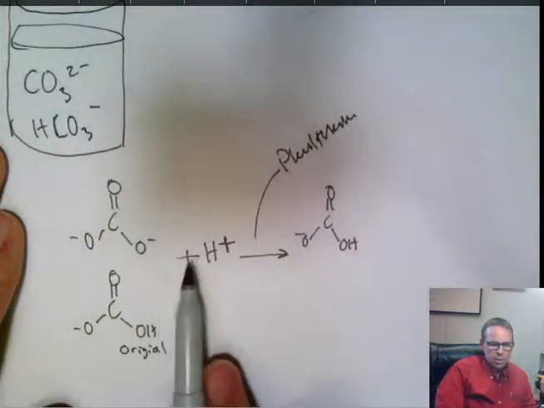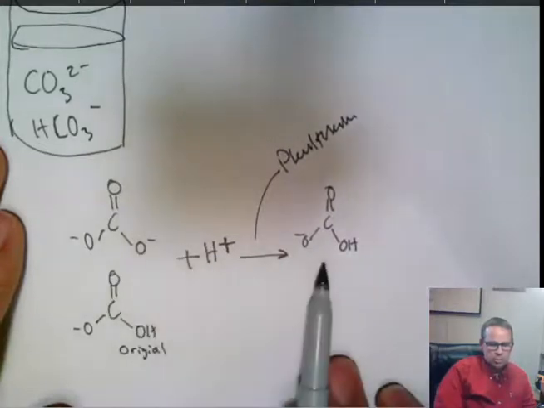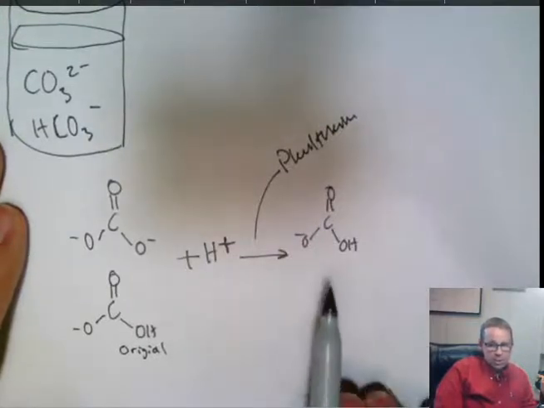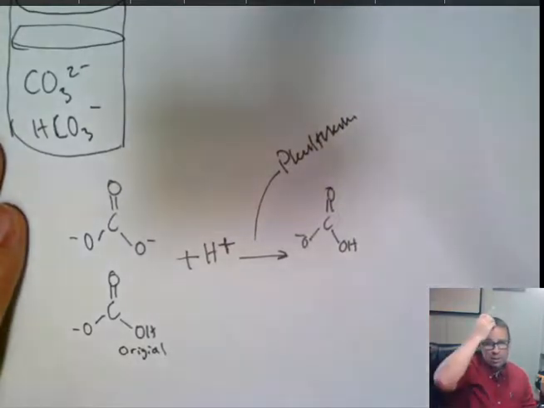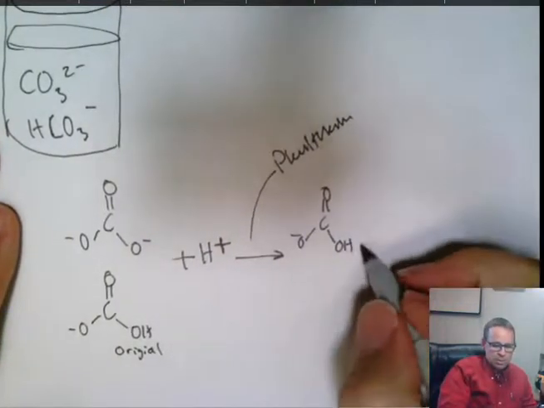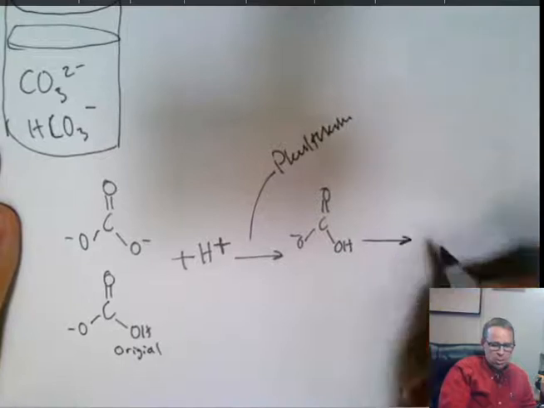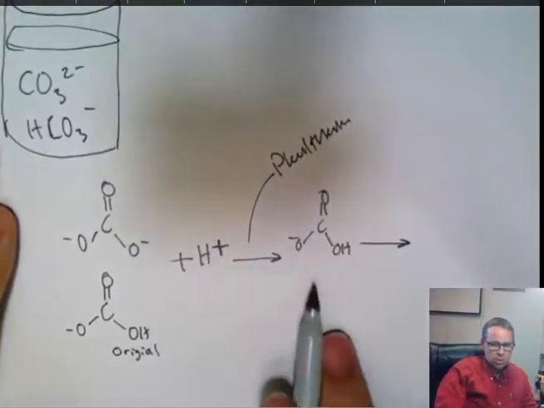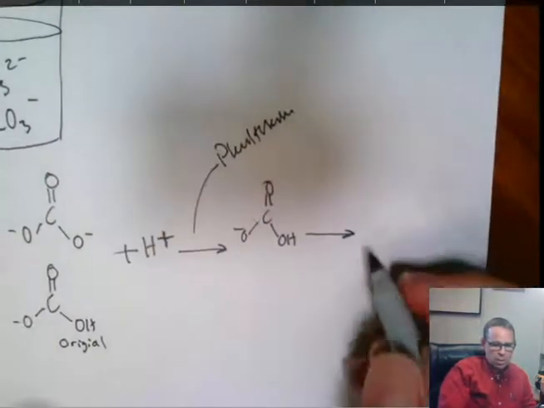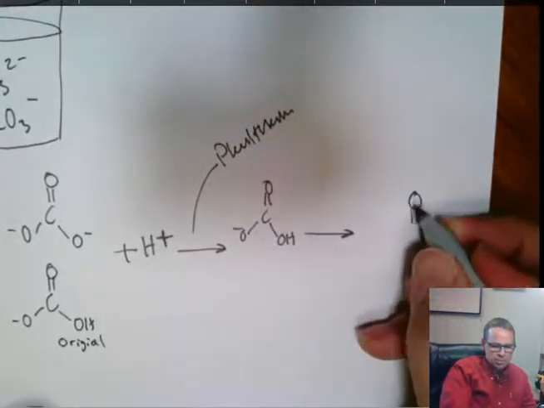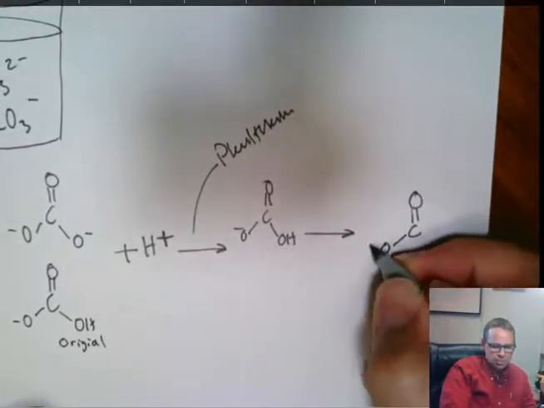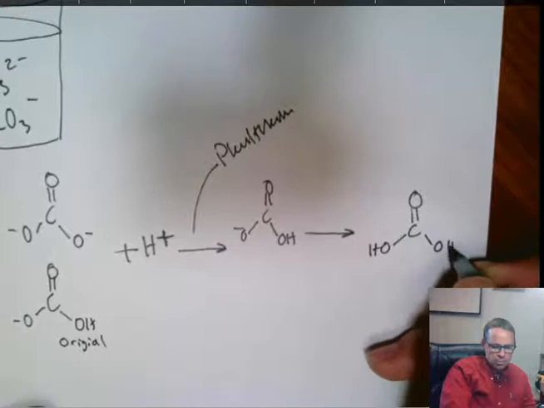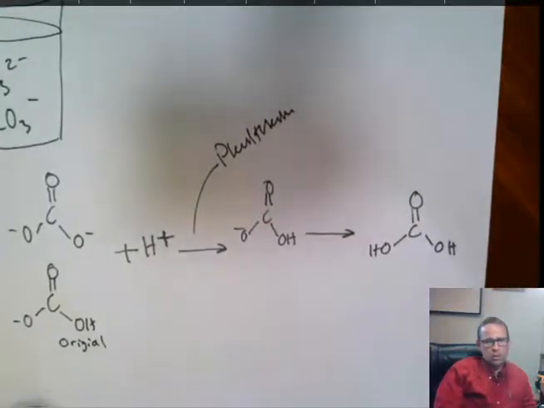Well, the volume of HCl necessary to convert the carbonate to bicarbonate will also be the same volume necessary to convert that bicarbonate to the carbonic acid, if you keep adding HCl.